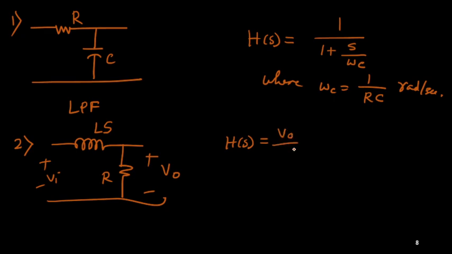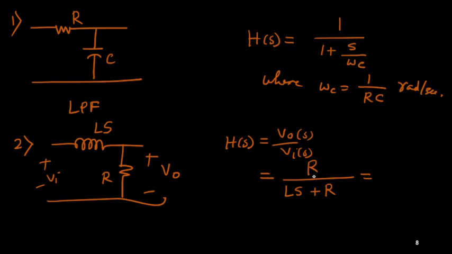It is the output by input. This is a potential divider circuit. So we are taking output across resistance R. So it will be R over the total, L S plus R. Right? It is very simple. Now this thing we can rearrange.